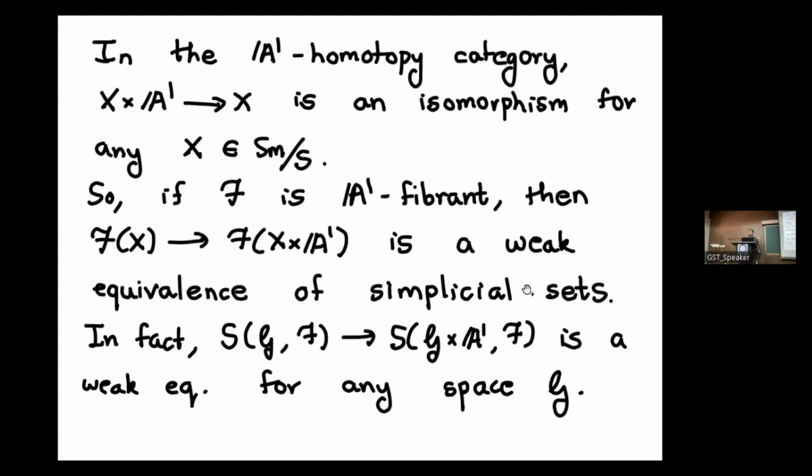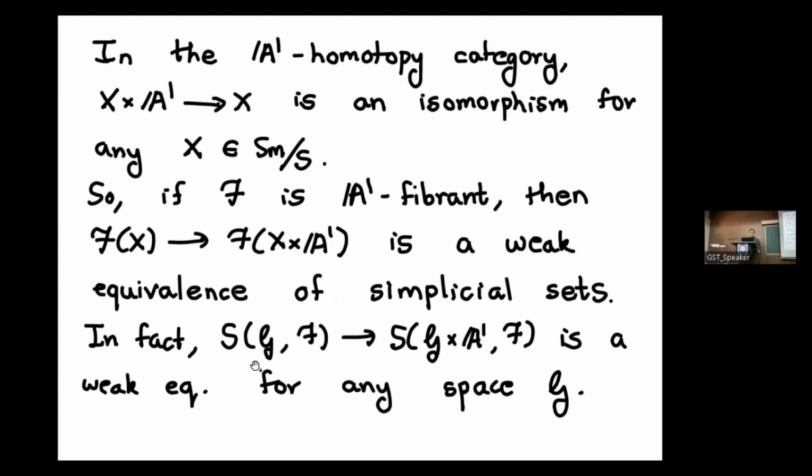So this is one way of viewing what A1 fibrant means: when an object is A1 fibrant, it is not going to be able to distinguish between X valued points and X cross A1 valued points, at least when you go down to the homotopy type.